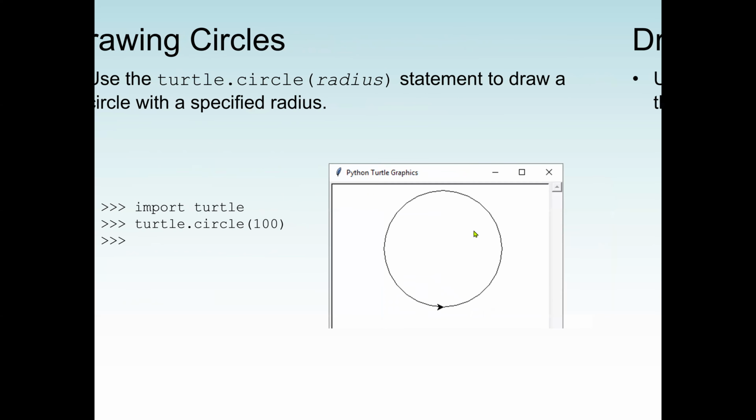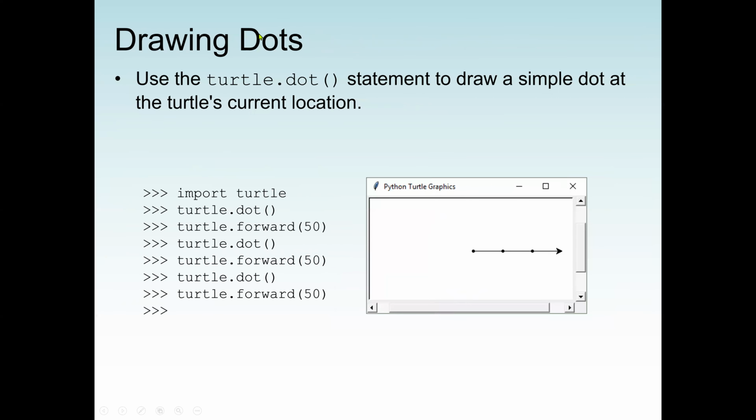Also, we can draw a dot. We can use the turtle.dot statement to draw a simple dot at the turtle's current location. So when we import the turtle package, the first thing we have is turtle.dot. So this means the center will be a dot at the beginning. Then we move forward 50.